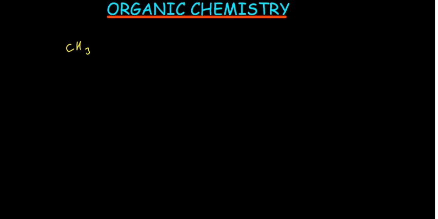CH3, CH2, C double bonded with oxygen, and then OH. We'll just count the carbons which are present in this compound: 1, 2, 3. So there are 3 carbons.